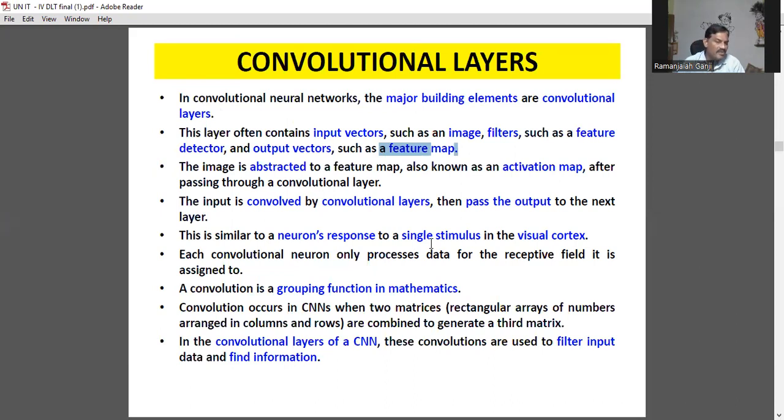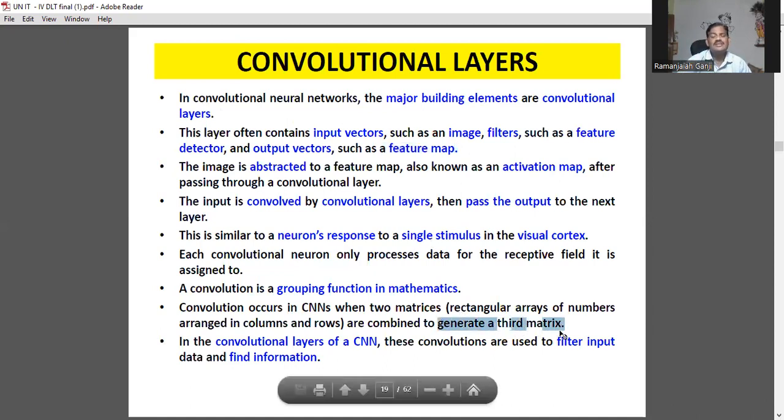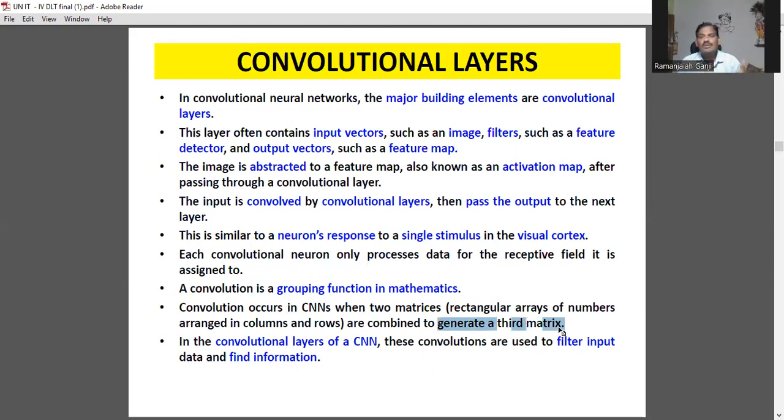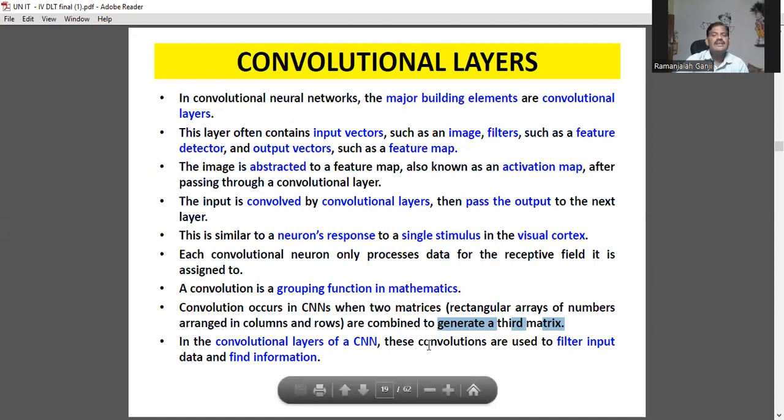Convolution is a grouping function in mathematics. Convolution occurs in CNN when two matrices are combined to generate a third matrix. See, the meaning is common for every component. Two or more elements combined together to produce a required outcome is said to be a convolution. In the convolution layers of CNN, these convolutions are used to filter input data and find information.